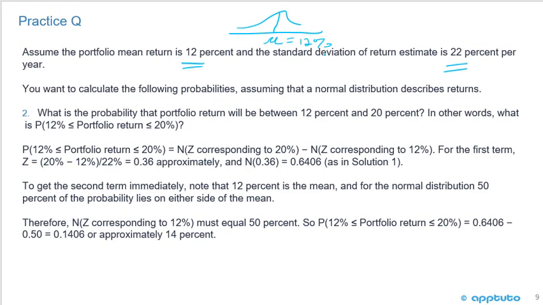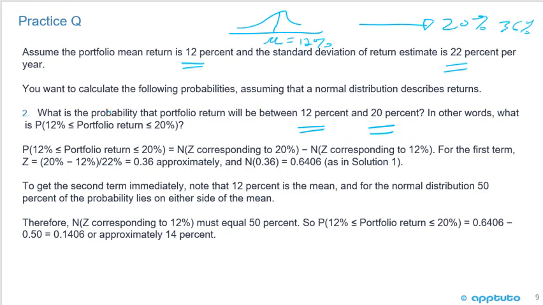We calculated the first probability, that the probability of return above 20% was approximately 36%. Now we want to calculate the probability of the return between 12% and 20%, because remember, this LOS is to determine the probability that a normally distributed random variable lies inside a given interval. The interval is from 12% to 20%.